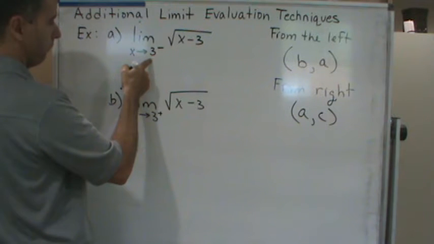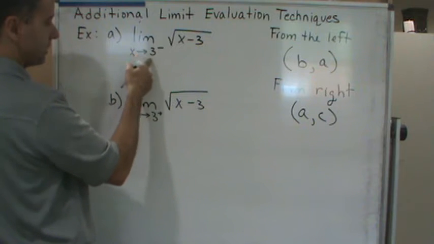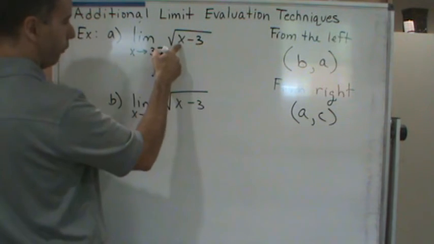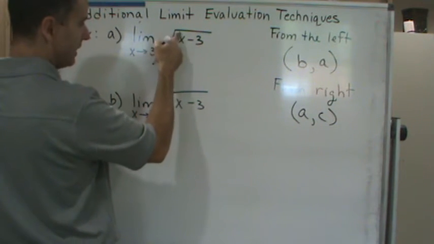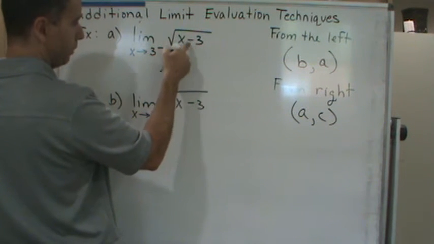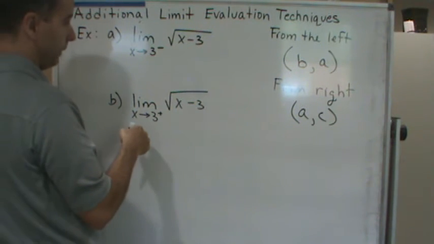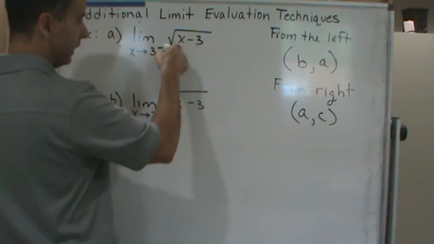So if we approach from the left, we're going to be putting numbers in that are slightly less than 3. Well, if we put in numbers slightly less than 3 for x, we're going to be subtracting a bigger number from something slightly smaller than 3, and so we're going to get a negative number.